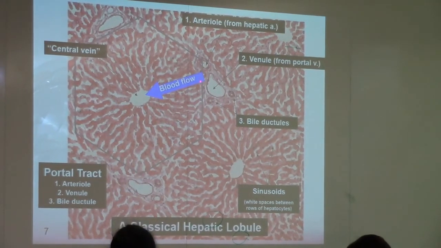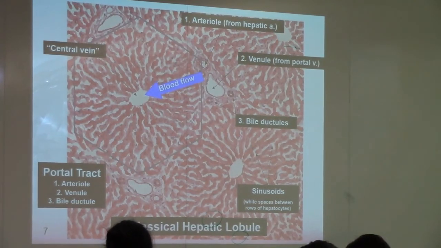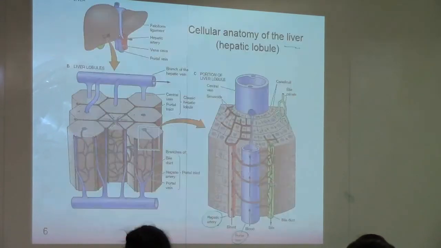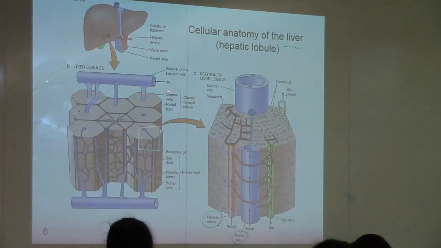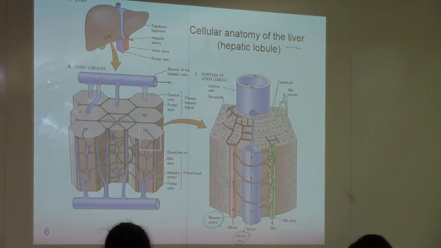Here is the blood percolating around, so the white spaces here are the sinusoids, and the pink spaces are the hepatocytes. The blood is percolating through, around the hepatocytes, and then going to the central vein. The central vein is going to drain into the hepatic vein, which is then going to go to the inferior vena cava, and then to the heart.